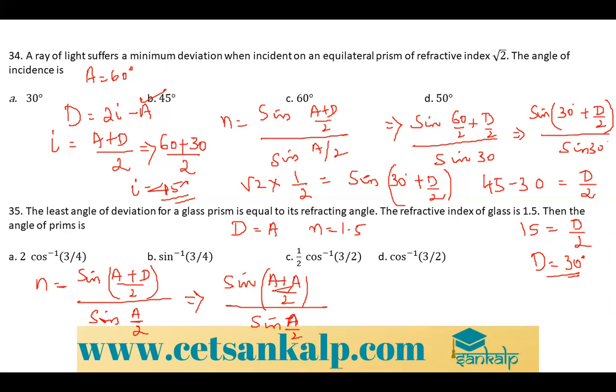I'll split this. Sine of (A by 2 plus A by 2) is nothing but sine of A, which by the 2 sine A by 2 formula is 2 sine of A by 2 into cos of A by 2, the whole divided by sine of A by 2.